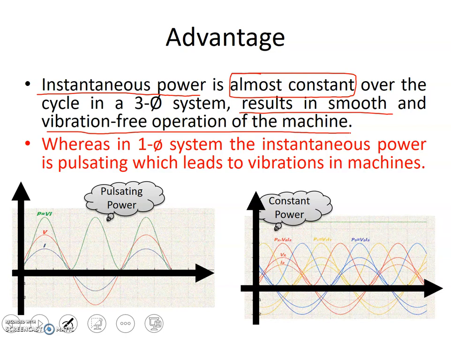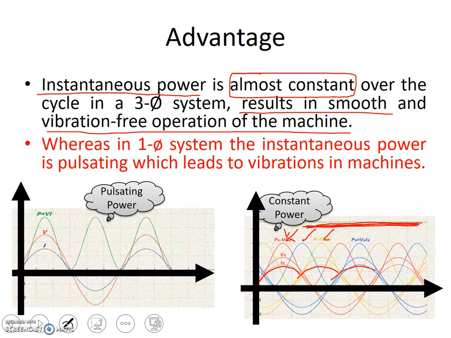So in this diagram, you could see a three-phase supply and correspondingly currents are there, and if we multiply the voltage in each phase with the corresponding current, we get power. And if you add up the three powers, it will amount to a constant power. The resulting power will be a constant power.